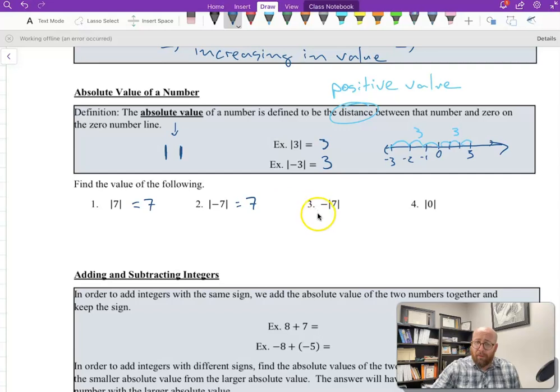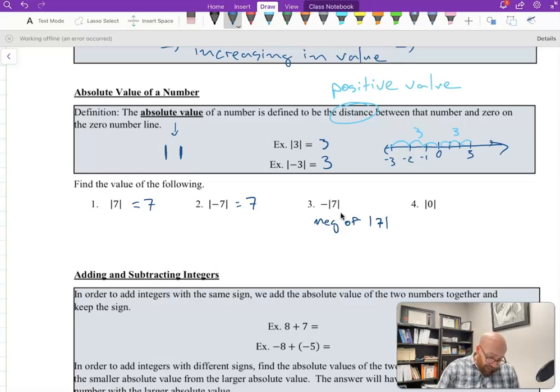Now, problem number 3, this one's a little bit tricky. We have this negative sign in front of our absolute value. This is essentially saying what is the negative of the absolute value of 7. That's the question that's being asked.